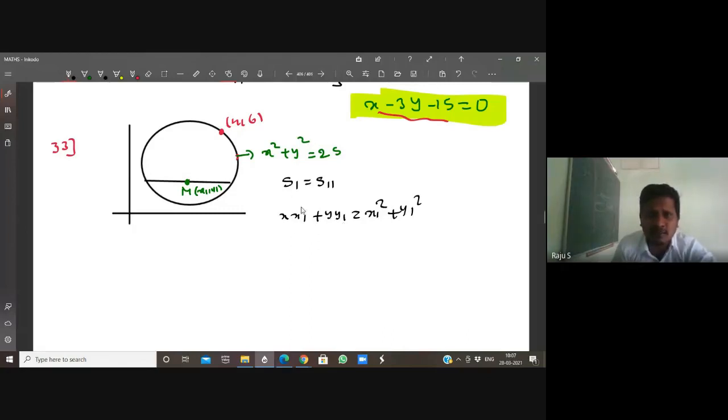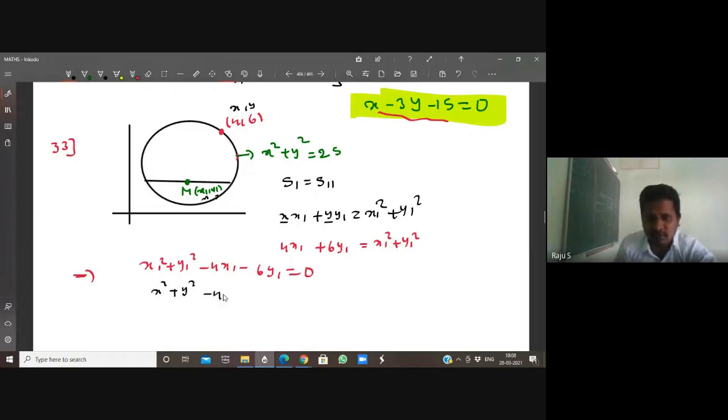The circle passes through 4 comma 6, so in place of x and y substitute 4 comma 6. Then 4x1 plus 6y1 is equal to x1 square plus y1 square. Taking all values to one side, x1 square plus y1 square minus 4x1 minus 6y1 is equal to 0. Then the locus of this point: at last replace x1 by x and y1 by y, so x square plus y square minus 4x minus 6y is equal to 0.